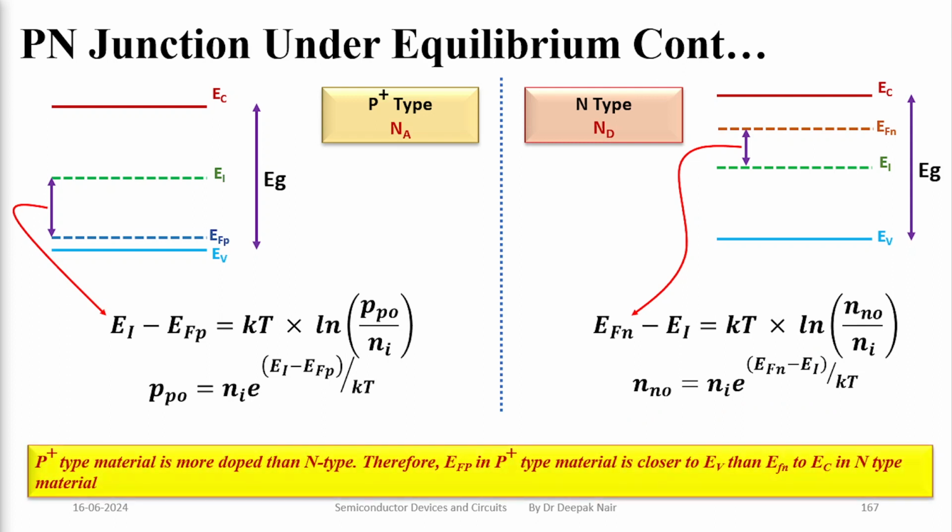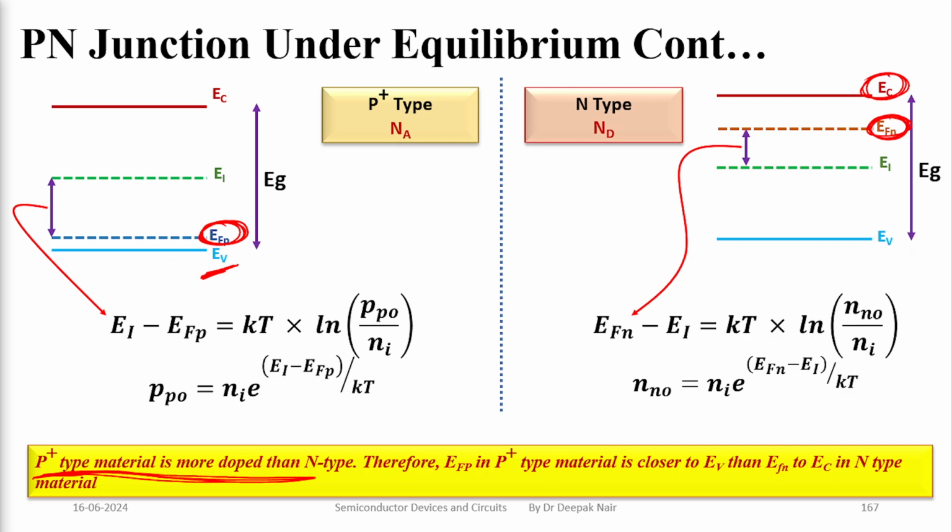So what we can observe from these two energy band diagrams is that for P plus type material, since it is more doped compared to the n-type material, the EFP has moved much closer to EV as compared to EFN with respect to EC.